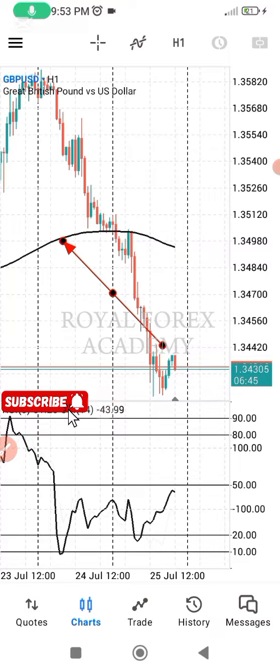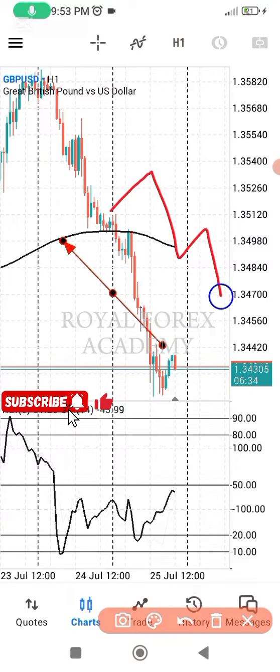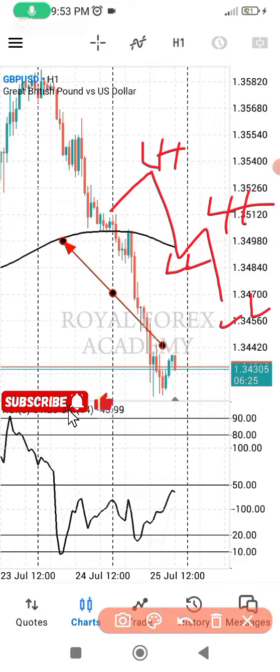This moving average is going to help us to determine the trend of the market. If you are struggling with how to determine structural points, when it comes to a downtrend, we are expecting that we are having a lower high, a lower low, a lower high, and a lower low.